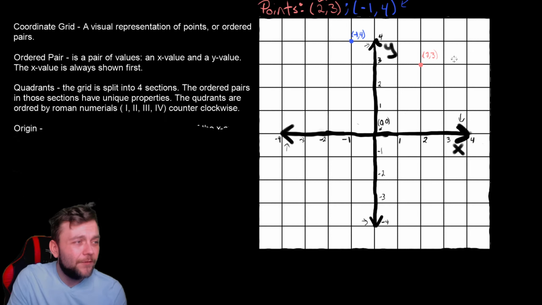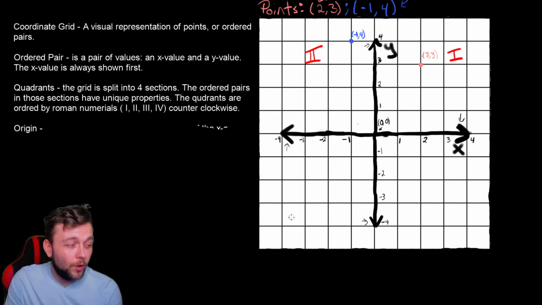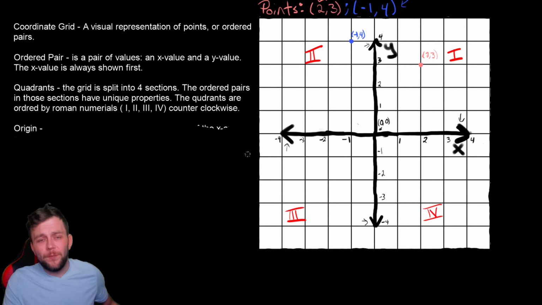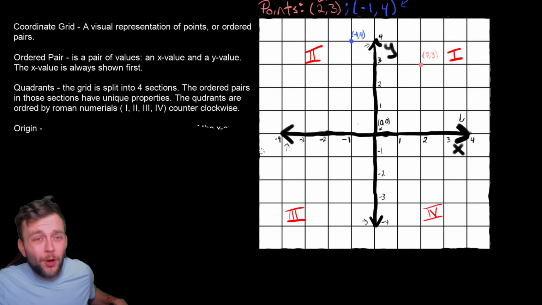Okay, so we have quadrant 1, we have quadrant 2, we have quadrant 3, and then we have quadrant 4. There we go.